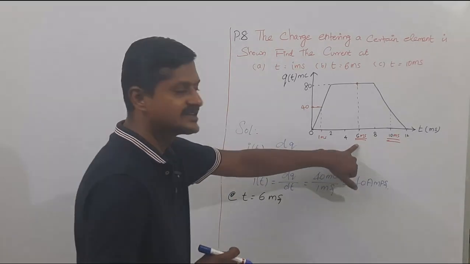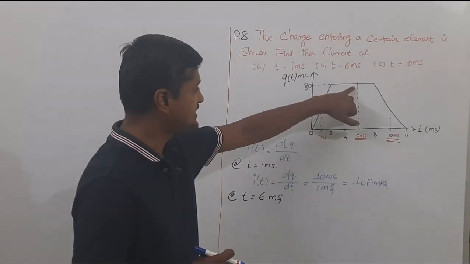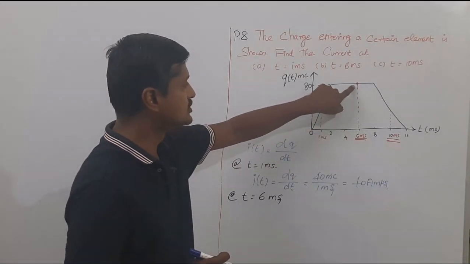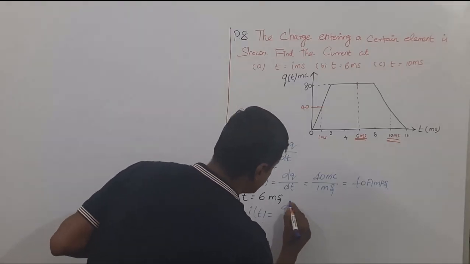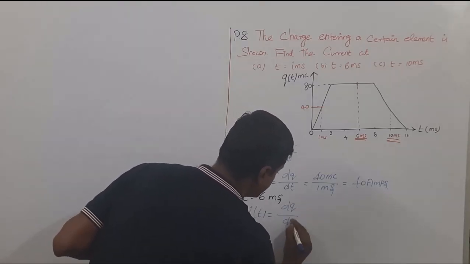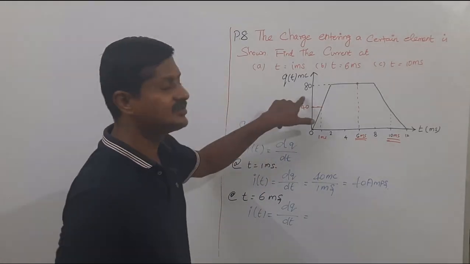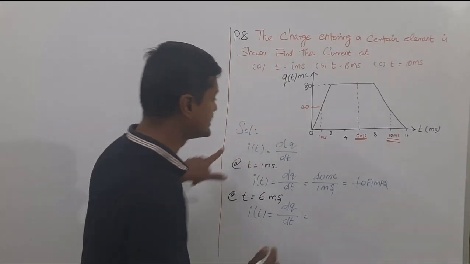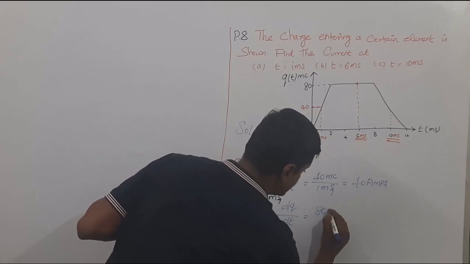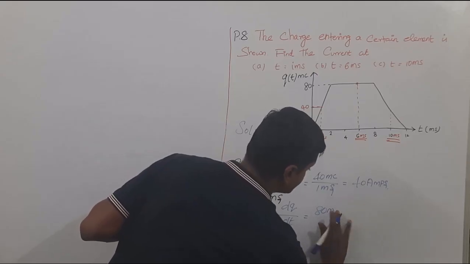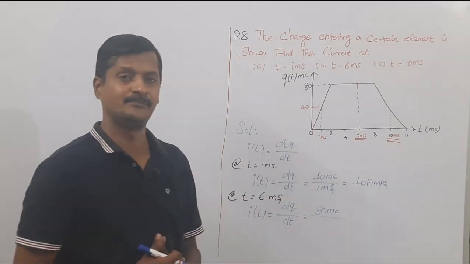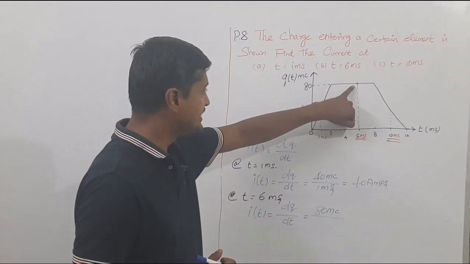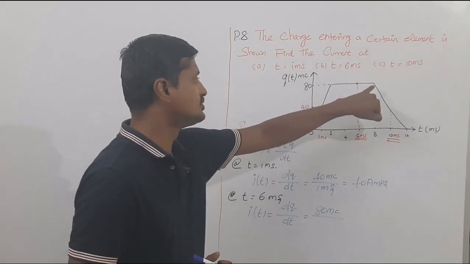Okay, so next is 6 millicoulombs. What is the time at 6 millicoulombs? I of t is dq divided by dt. What is the value? We know the value of q is 80 millicoulombs. What is the change in time? For this 80, there is no change in time.